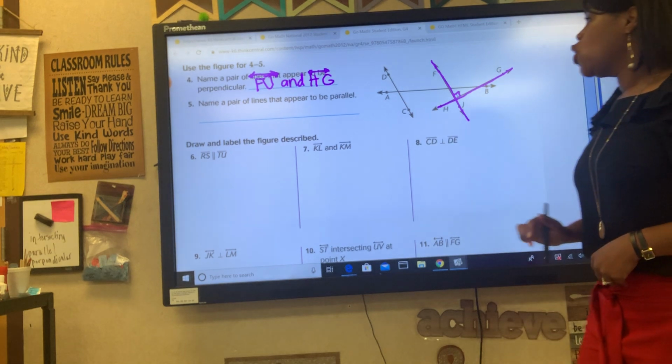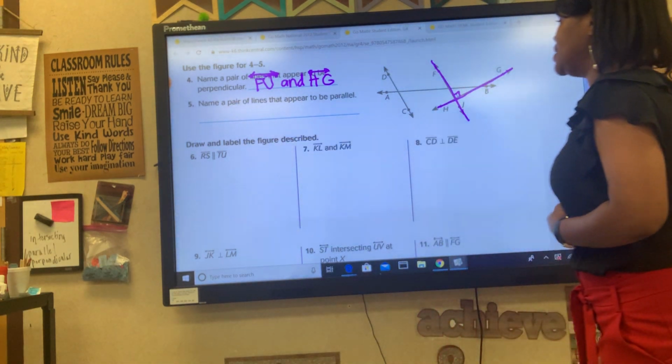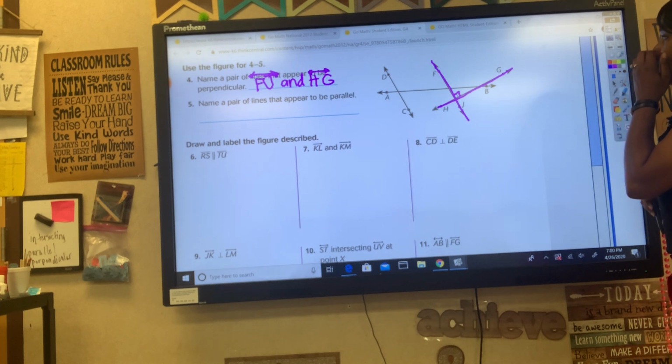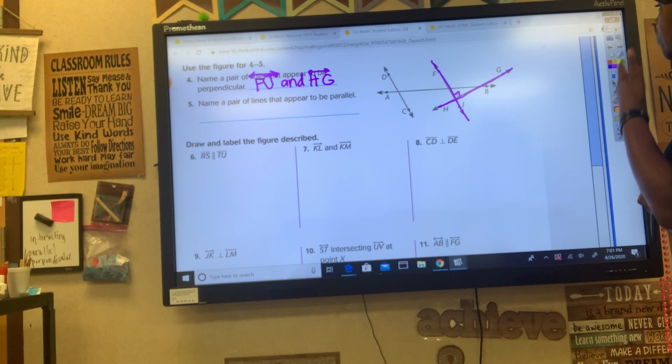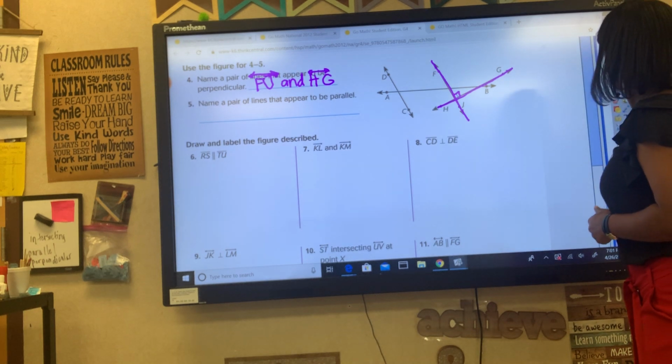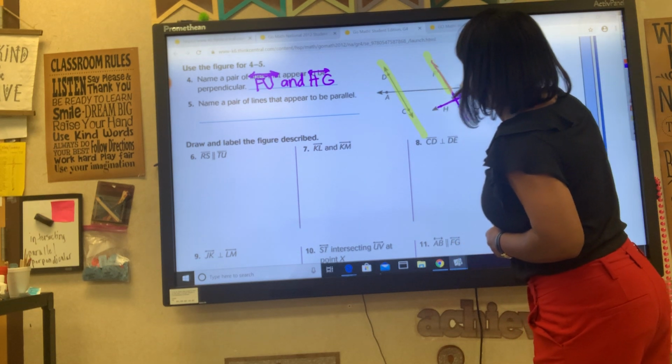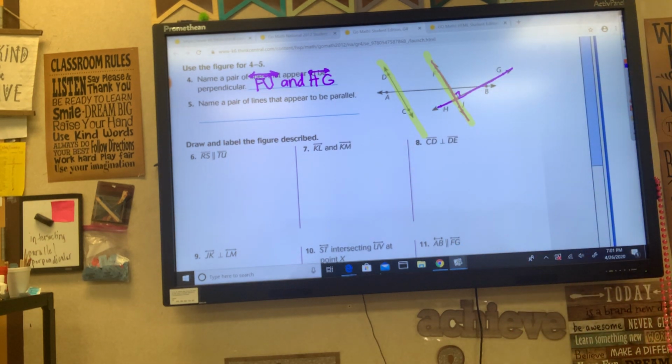Okay, so let's look at number 5. Name a pair of lines that appear to be parallel. Where are the lines that will never touch? Well, let's look at DC and FJ. They're slanted, they will never intersect. And I can call it FJ, or I can call it JF.